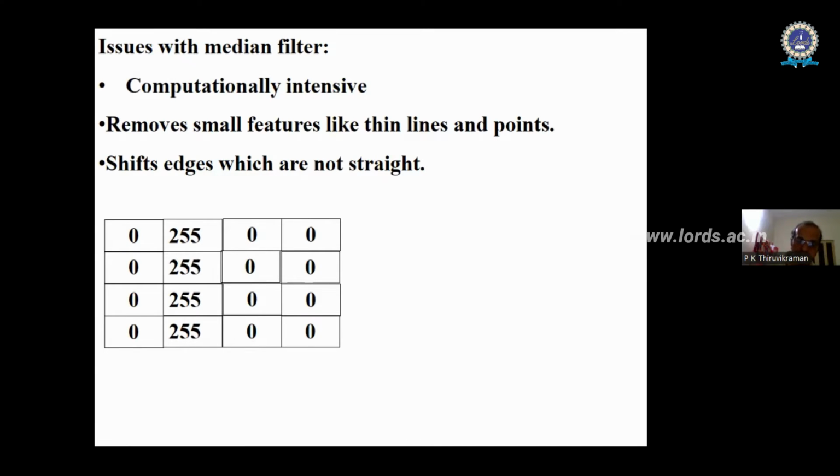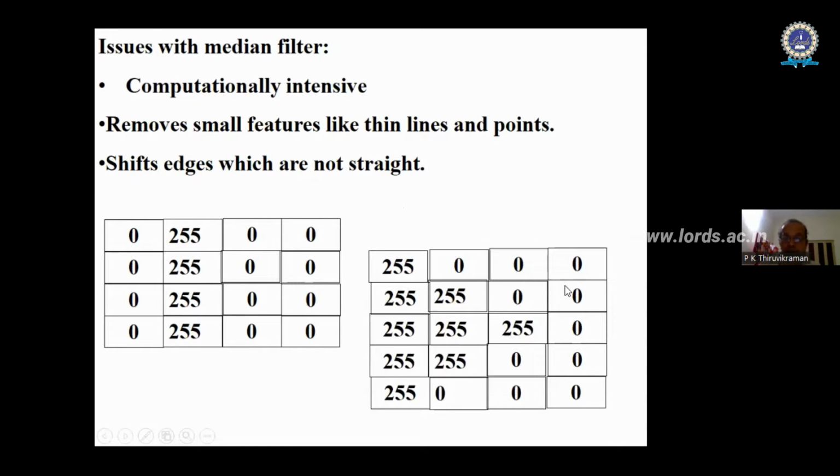And in fact, the thin lines may be carrying some important information, especially in medical image processing. This can be very serious, right? We don't want to wipe out some genuine feature. There are ways of getting around this issue. And I talked about shifting of edges, that is shown here.